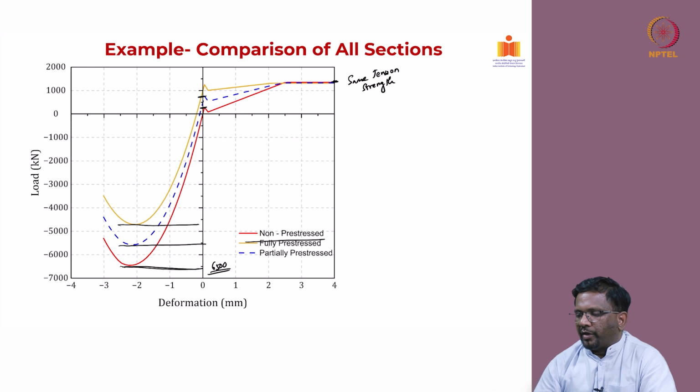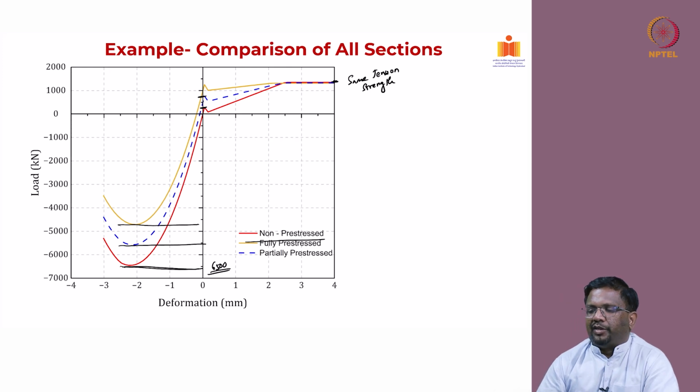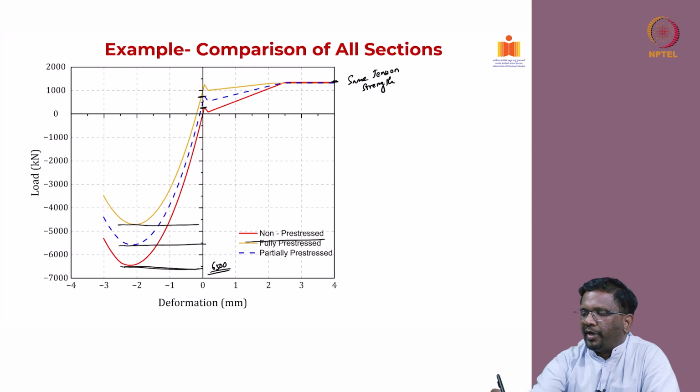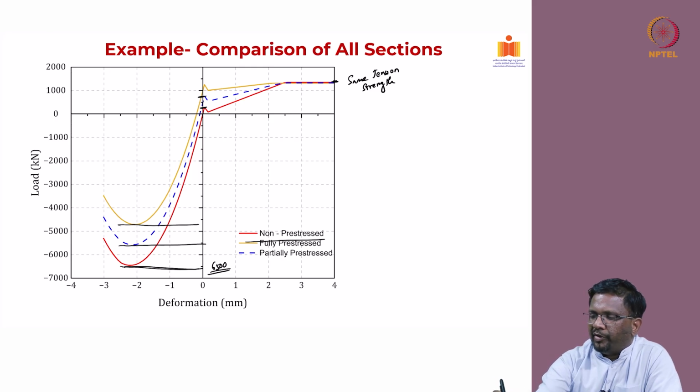So, what we can conclude from here is prestressing greatly helps in increasing the cracking strength, and if you look at it also from serviceability point of view, let us say that I am looking at 1 mm deformation. At 1 mm deformation, the load resistance offered by a non-prestressed section is less.